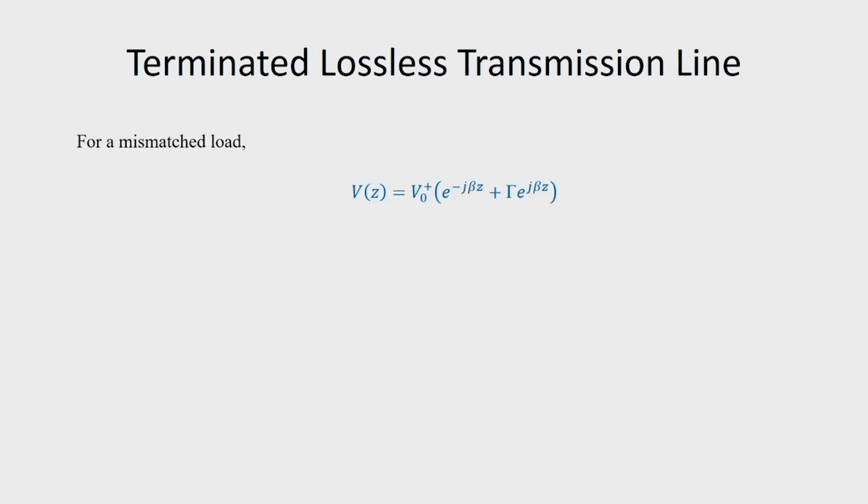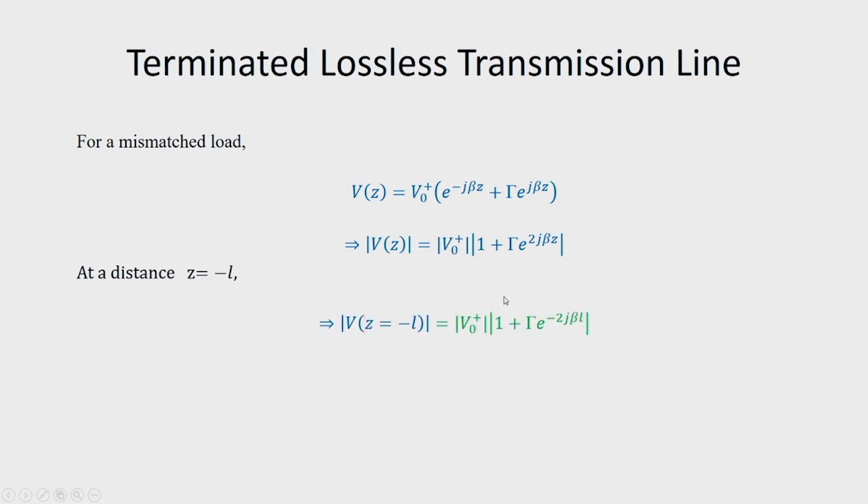For a mismatched load, we can write V(z) is equal to V naught plus into e to the power minus j beta z plus gamma e to the power j beta z, and if we take the magnitude of voltage, then we can write magnitude of V(z) is equal to V naught plus magnitude into magnitude of 1 plus gamma e to the power j 2 beta z. Now, if you consider at a distance z is equal to minus L, then we can substitute this z by minus L and we get this expression.